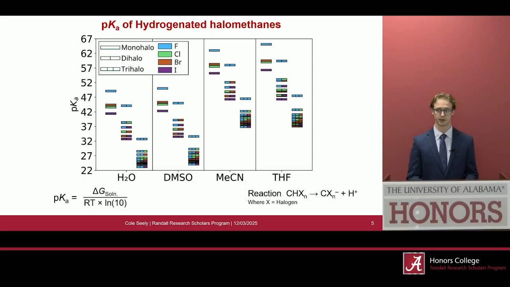The lower the pKa, the more likely it is to donate the hydrogen. These values were extremely sparse for the halomethane series. Only about 3 of them were present for the entire series. For some reference, ethanol would have a pKa value of around 16 and ethane would be around 50.